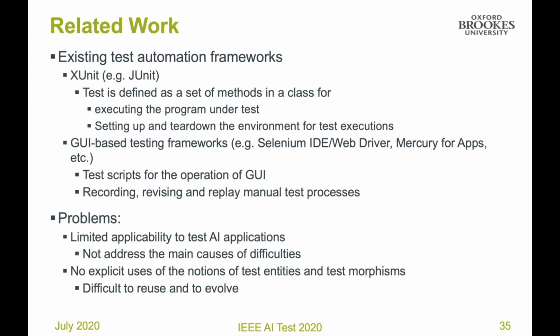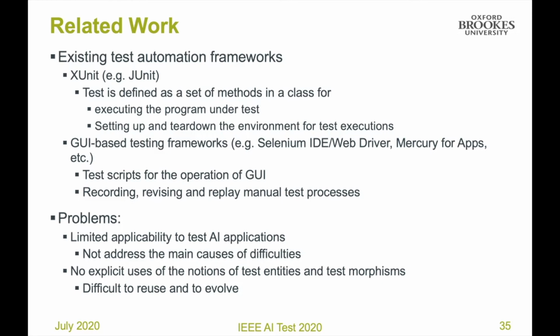Our work can be compared with existing test automation frameworks. Typically, we have two types of test automation frameworks available in the literature. One is called the X-unit architecture. The other is the so-called GUI-based test frameworks.